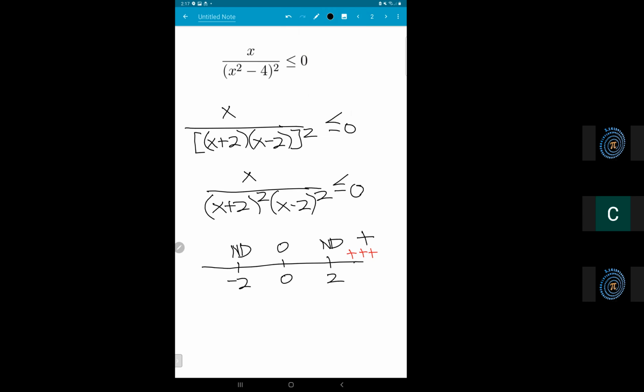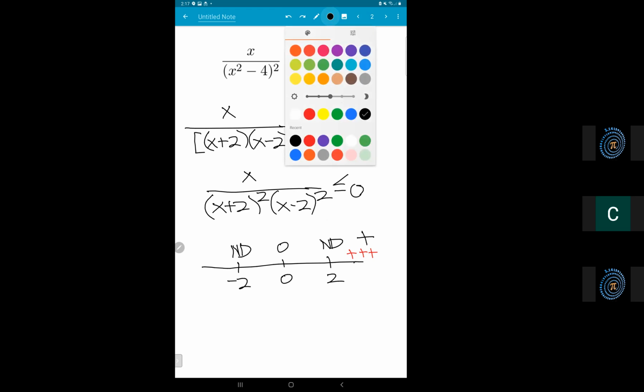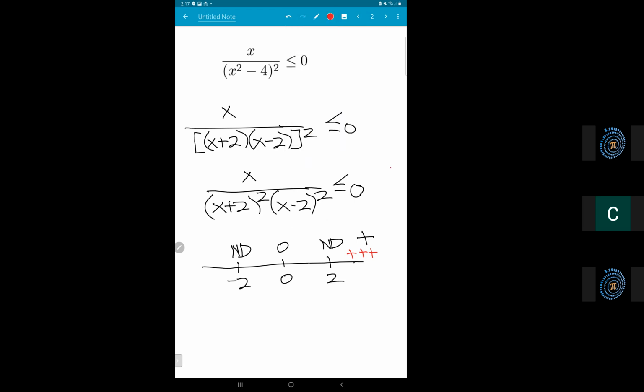Okay. Now it should be obvious that since these are squared, then we will always get a positive, right? So actually, you just need to determine the sign of this one. But anyway, let me write down all the signs. So let's plug in 1 from this interval.